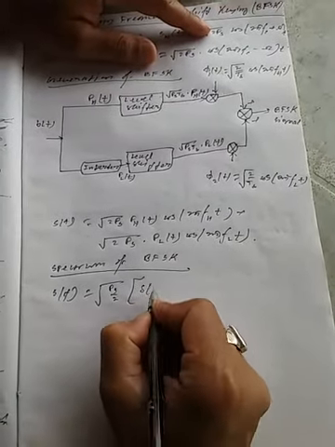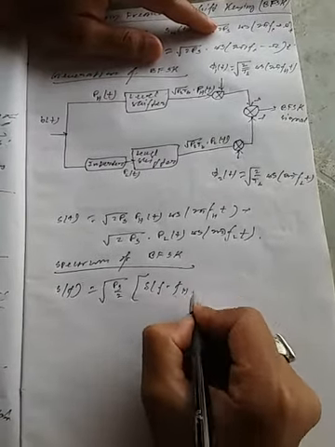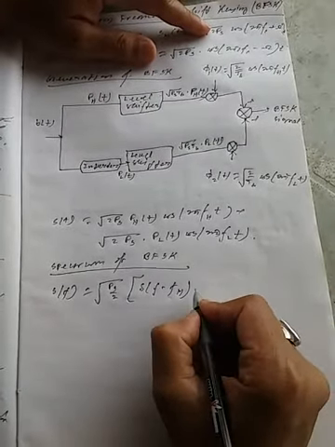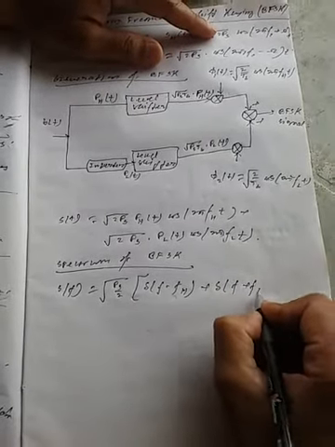This is the unit impulse function, so delta of f minus fH, plus delta of f plus fL.